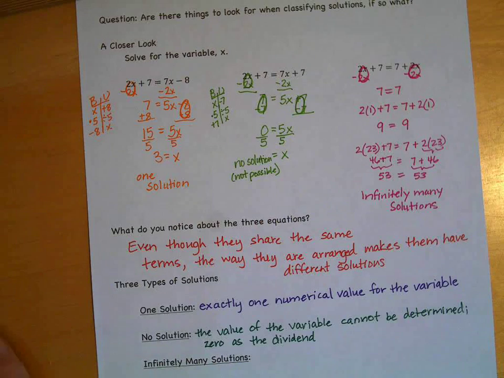And then infinitely many solutions means that the value of x could be anything, infinitely many, so infinity. You know, you guys have loved playing with those words. Well, this is where it's applicable.